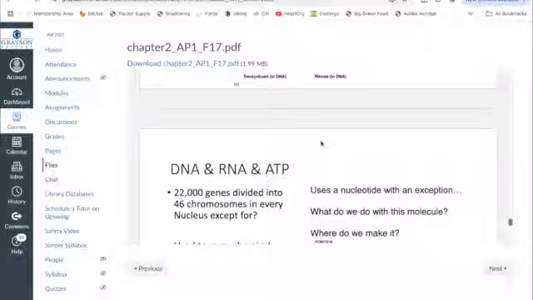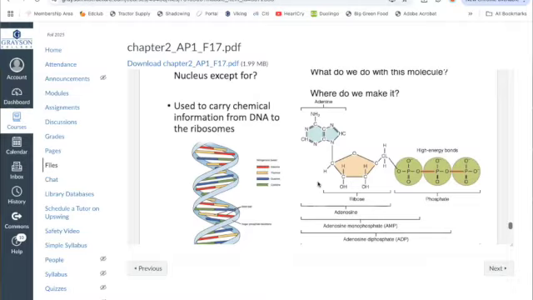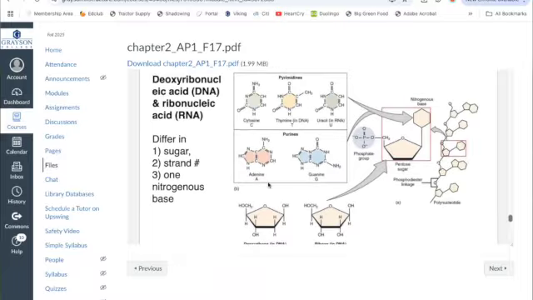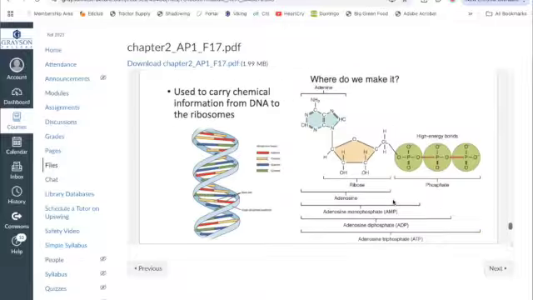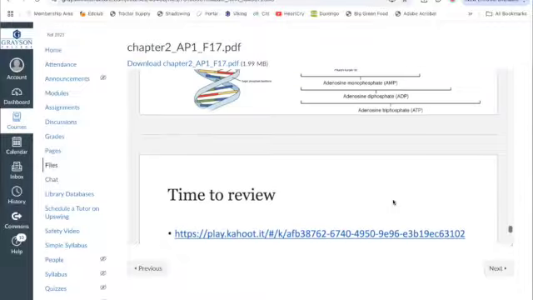Again, in DNA, A always goes with T, and C always goes with G. But one of the differences between DNA and RNA is that A, instead of going with T, will be replaced with U. So it'll be A, U, and C, G. That's how you tell the difference between DNA and RNA. That's it for chapter 2.